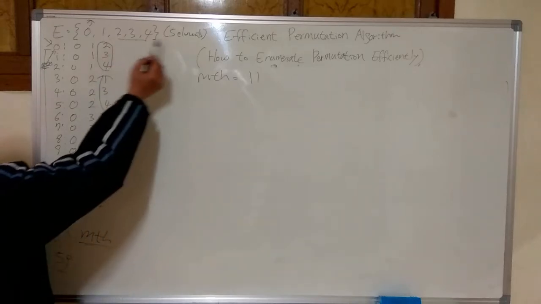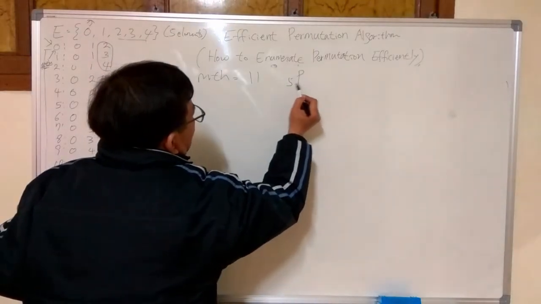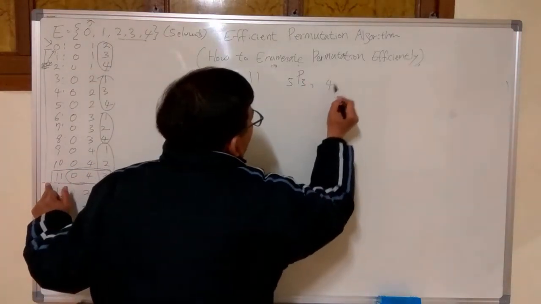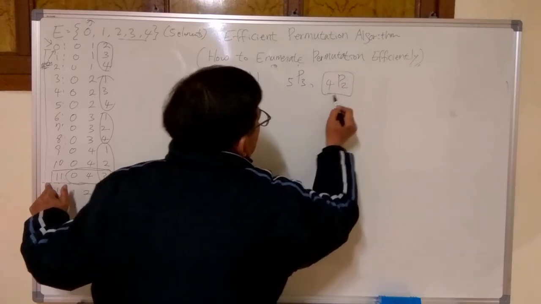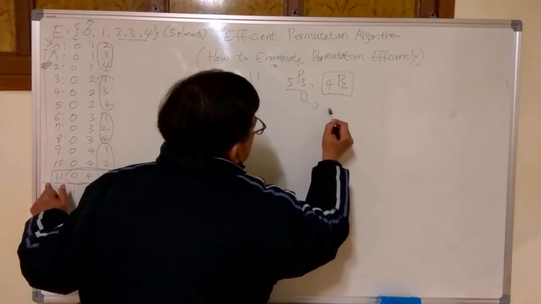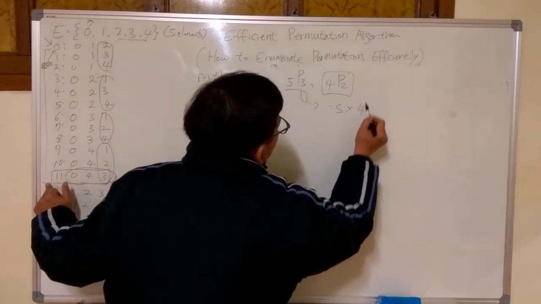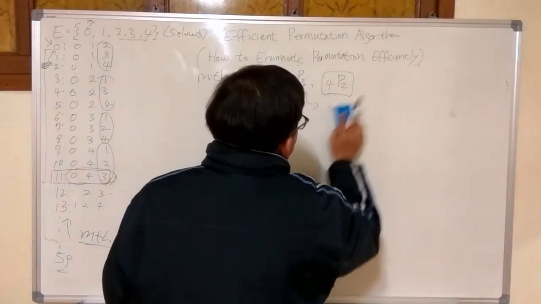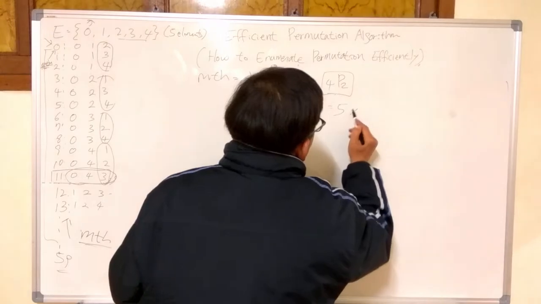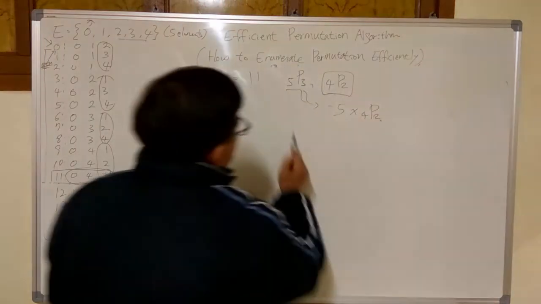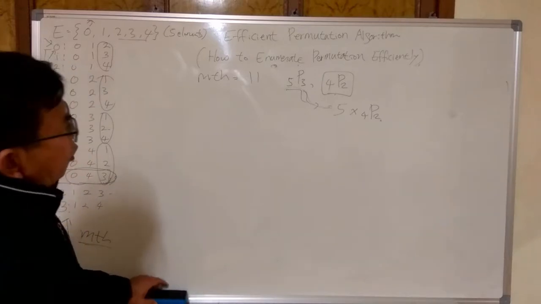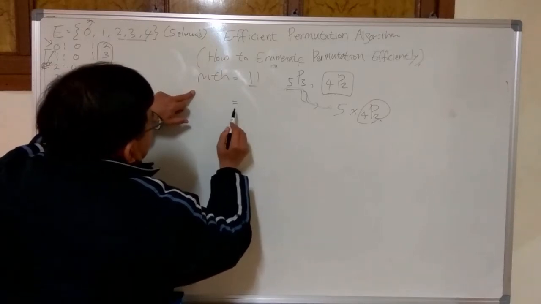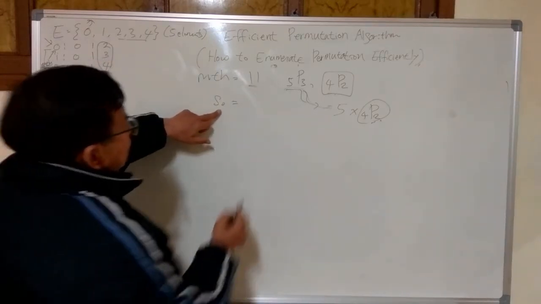First, because this is 5 elements, P(5,3), we are computing not this number, but 4P2.